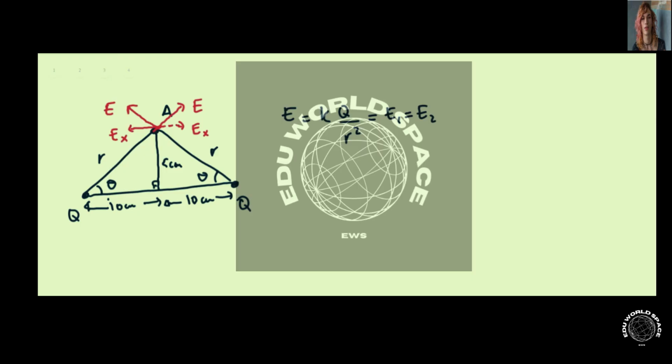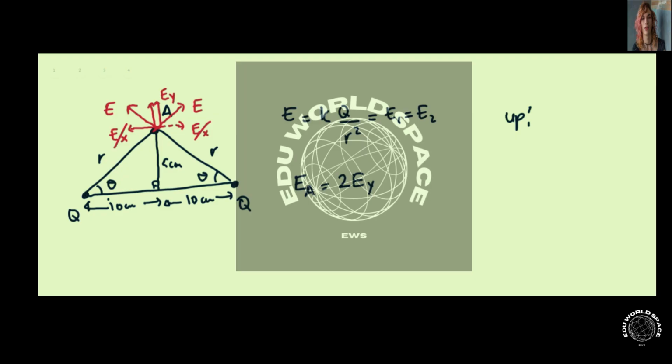One is in the positive x direction, the other in the negative x direction, which means we're left with twice the y component of this electric field. So the total field at A is twice EY, and you know that it's up. So the overall angle that the total field makes is going to be 90 degrees, because it's purely up.